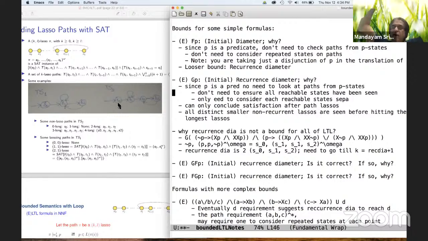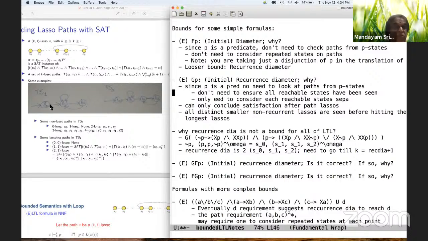The for-all is negated, and then you reduce the problem to checking for the existence of a path in the model that is satisfied. So I'm talking about EG.